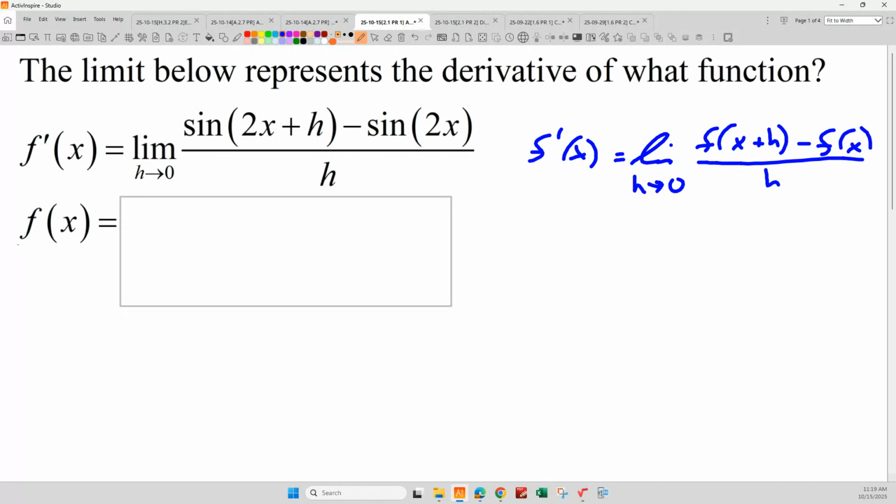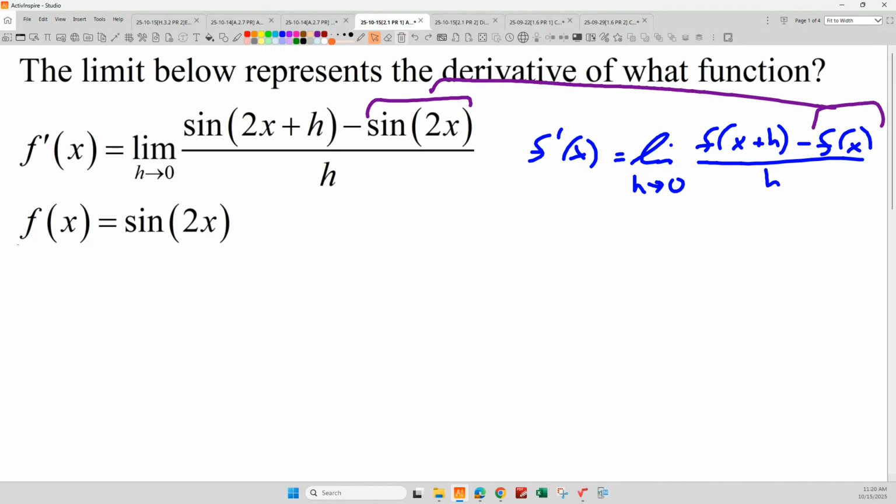There's a pretty easy place to spot it. Sine 2x, yeah, absolutely. Right there. So working backwards, we were just trying to take the derivative of the function sine 2x.